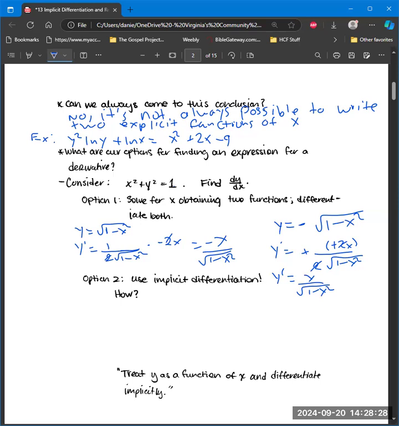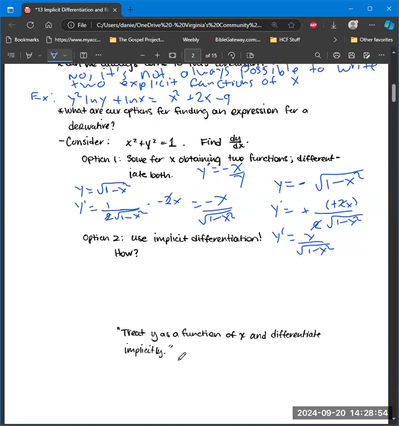Okay, so in general, this would come out to be y prime is going to be negative x over y. That's how that's going to work out, because when y was negative, this was positive. When y was positive, this was negative.